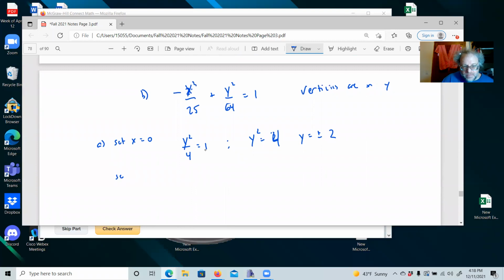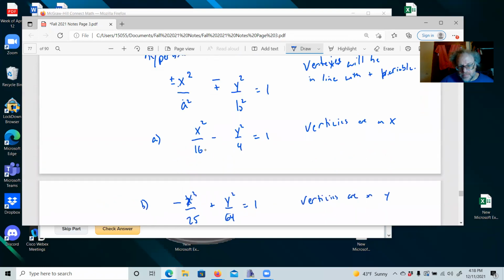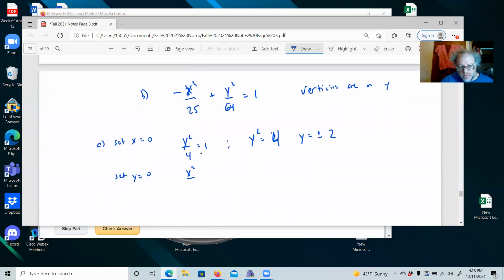Set y equal to 0. We have x squared over 16 equals 1. We have x squared is equal to 16, x is equal to plus or minus 4.